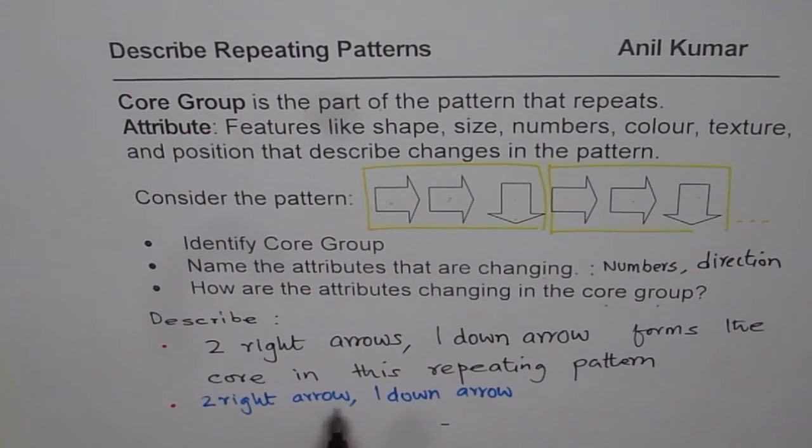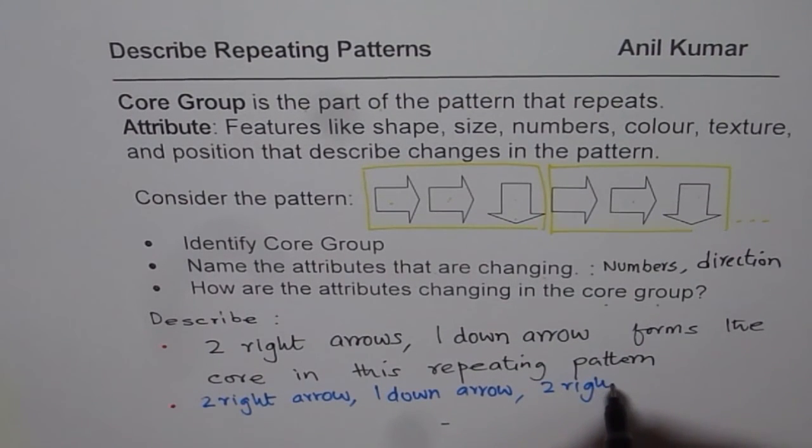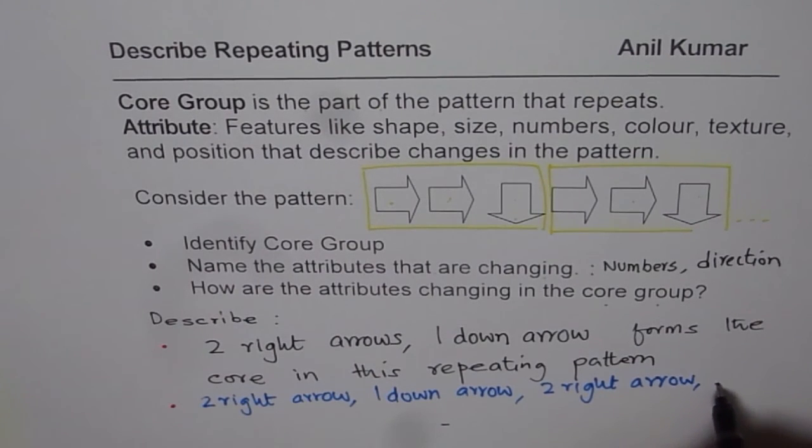So two right arrow, one down arrow, then again two right arrow, and so on, correct? So that is how you could describe the repeating pattern. I hope you understand the word core group. In the test at times, they may ask you to highlight the core group and then describe. So it is important from that point of view.